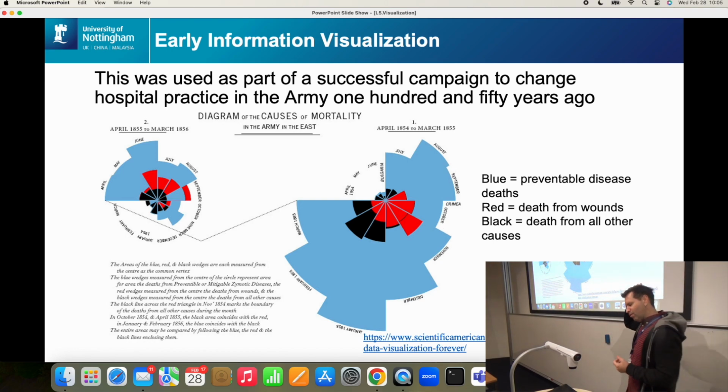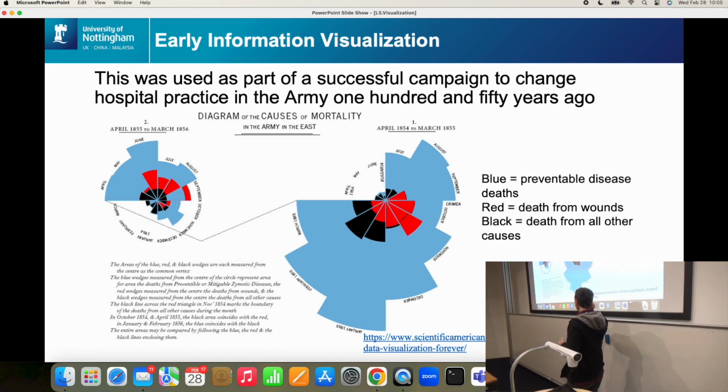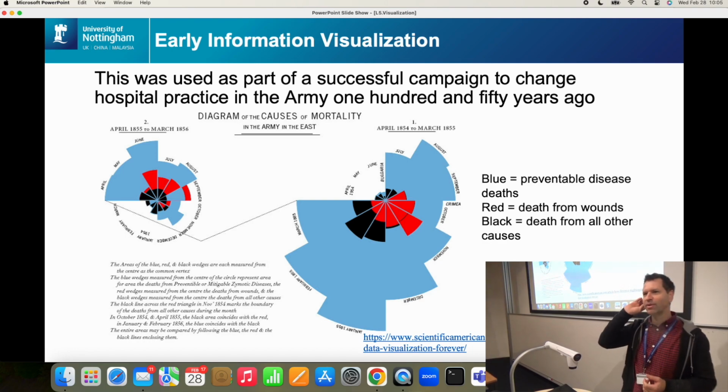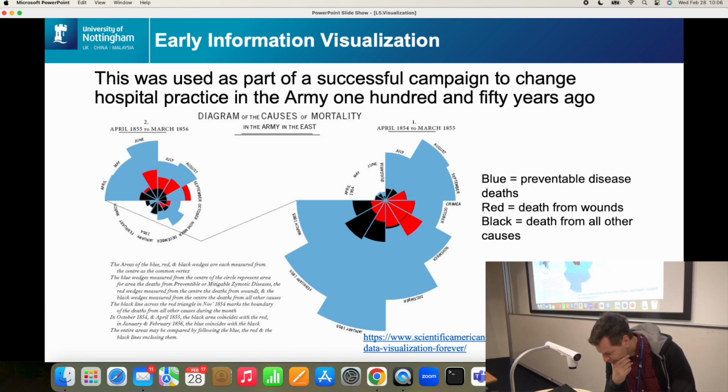What the person who generated this image was trying to convey is that deaths in the Army are preventable. How are they doing that? Blue represents preventable disease deaths, red represents deaths from wounds, and black represents deaths from all other causes.